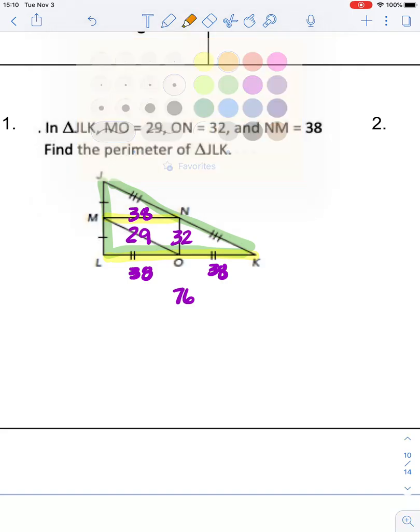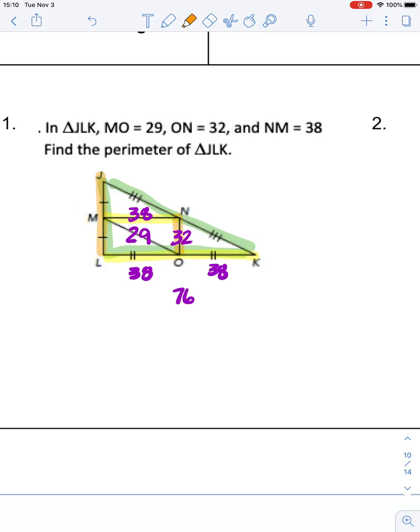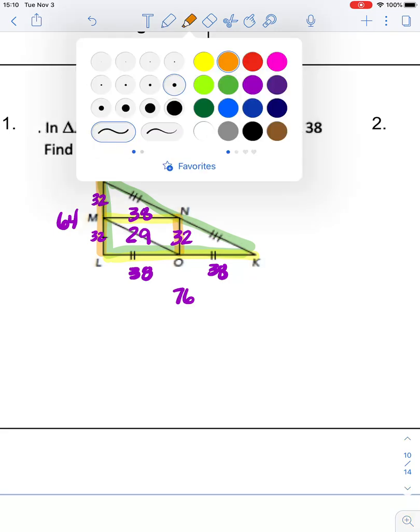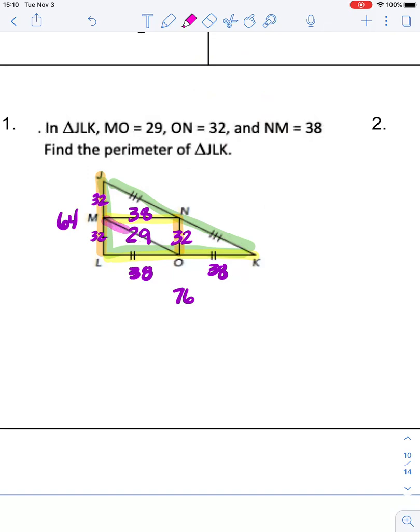Then we have that NO is parallel to JL, and so JL is 2 times 32, which would be 64, because this is 32 and this is 32. And then we have that MO, which is 29, is parallel to JK.